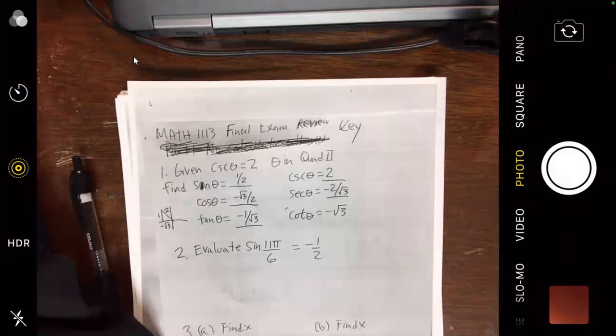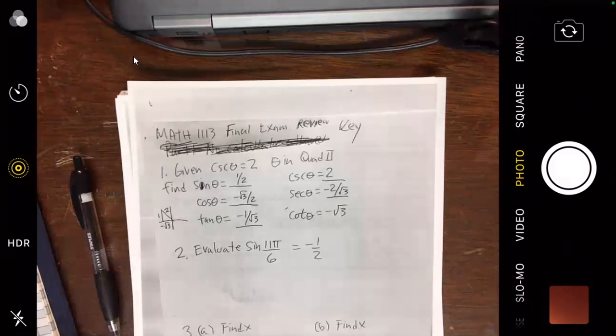Give me just a second. I'm trying to find my math sheet. It's on my desk. Okay. The only one I really have questions on is six.